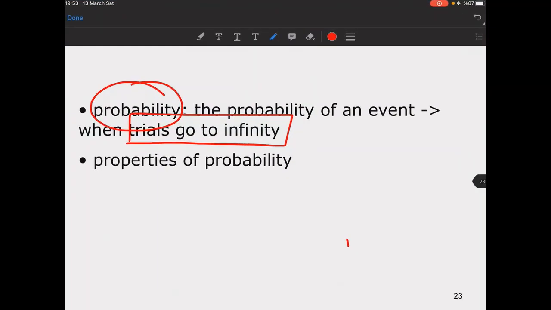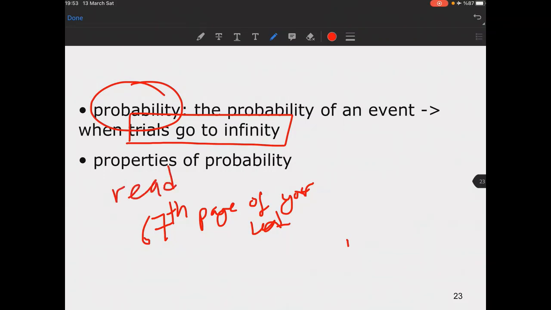Okay, the thing is, I suggest you read the 70, I'm sorry, 67th page of your textbook.